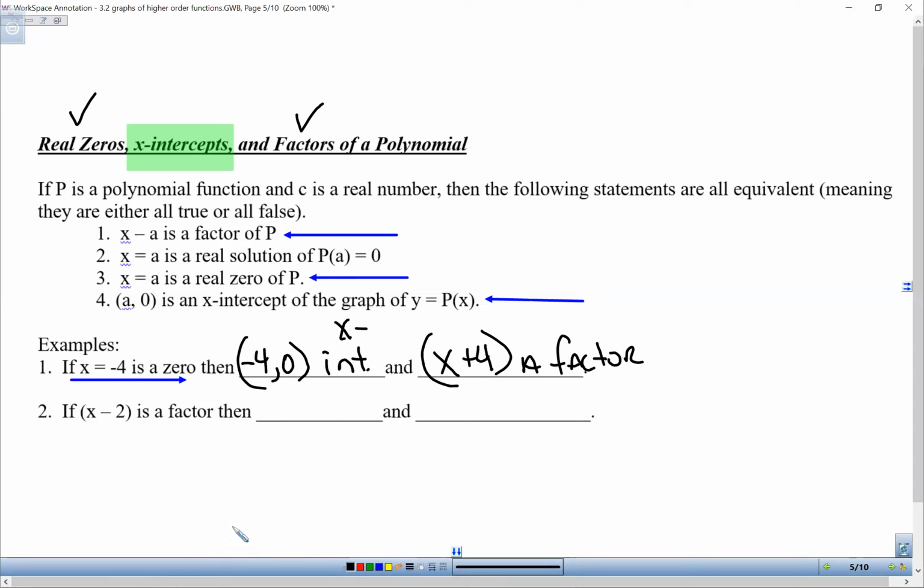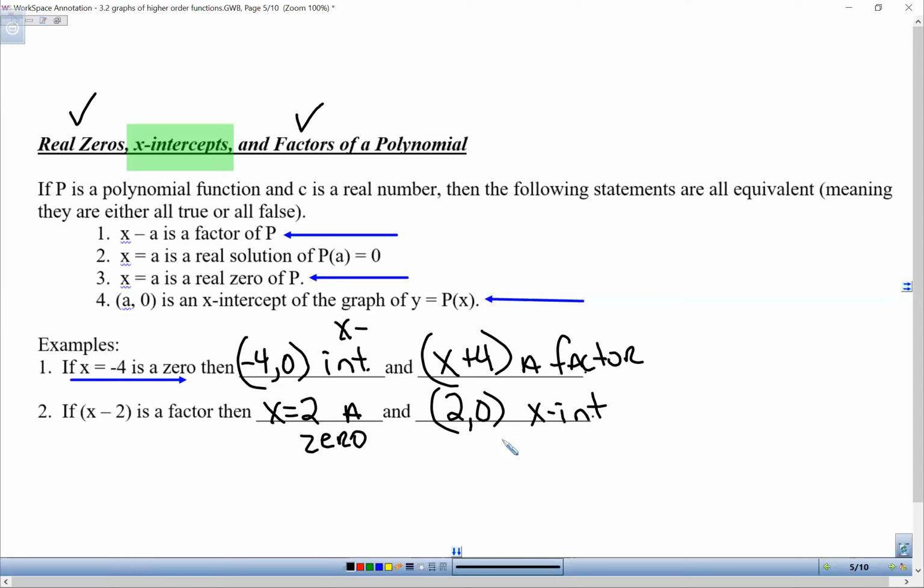Okay, so for number 2, x minus 2 is a factor, so that means x equals 2 is a 0, and 2, 0 is an x-intercept.